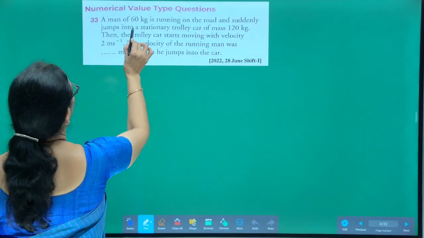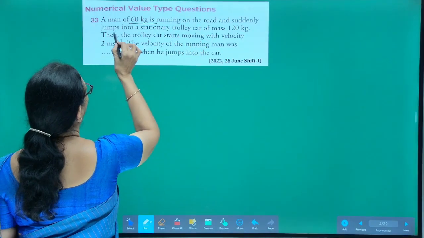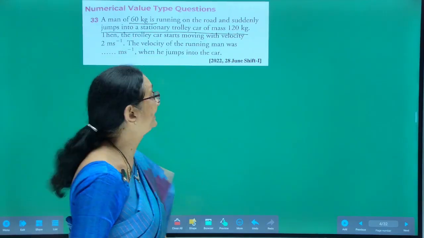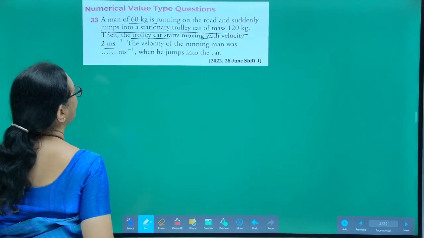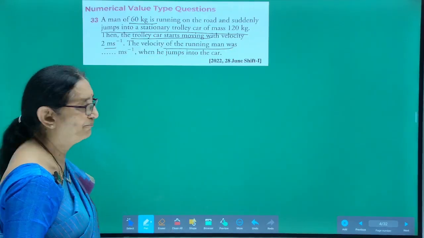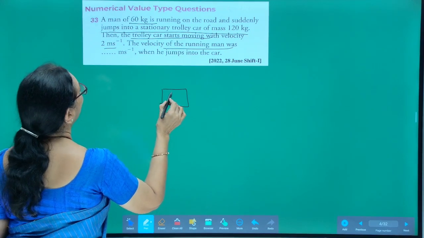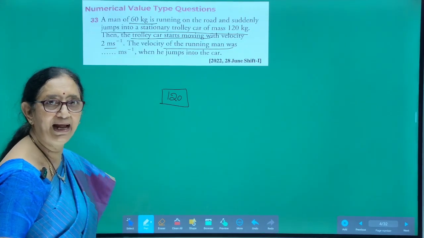Okay? Now let us move on to the next problem. Look here, a man of 60 kg is running on the road and suddenly jumps into a trolley of mass 120 kg. Then the trolley starts moving with a velocity of 2 meter per second. What is the velocity of the running man? See here, this is a trolley of mass 120 kg which is initially at rest.